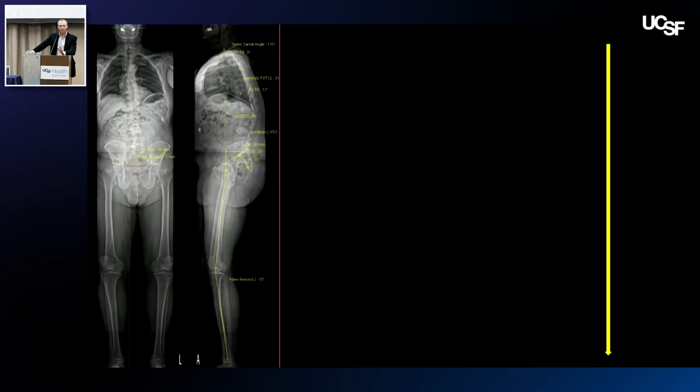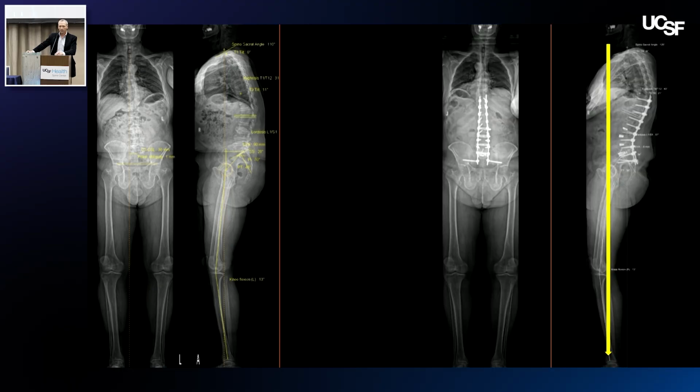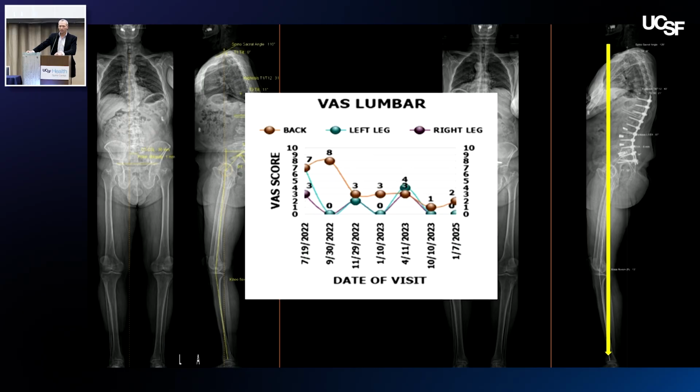Here's another one with a little thoracic kyphosis and a thoracolumbar junction apex, but I managed to realign the spine. The C2 tilt is spot on, and over time she did very well with minimal pain.